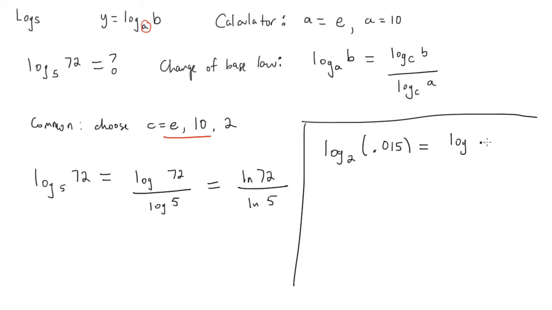If I do common logs, then it'll be log of the thing that you were logarithming before divided by the log of the old base. And if I wanted to do this in terms of base e, it would just be natural log of 0.015 divided by natural log of 2. So in the next quick segment, I'll show you how to compute this either with Wolfram Alpha or if you've got a calculator handy. It's pretty easy. So we'll just come back to this real quick and get an actual decimal approximation for it.